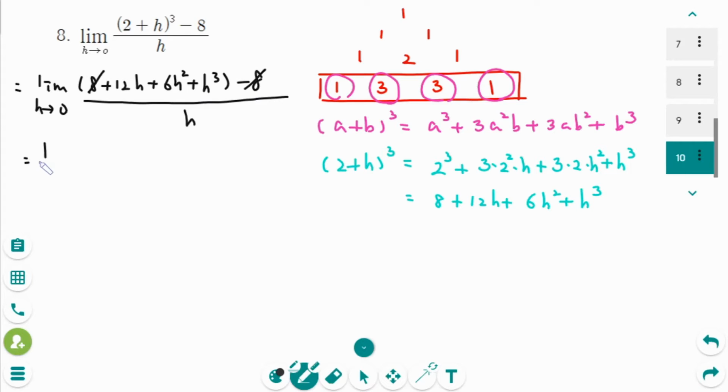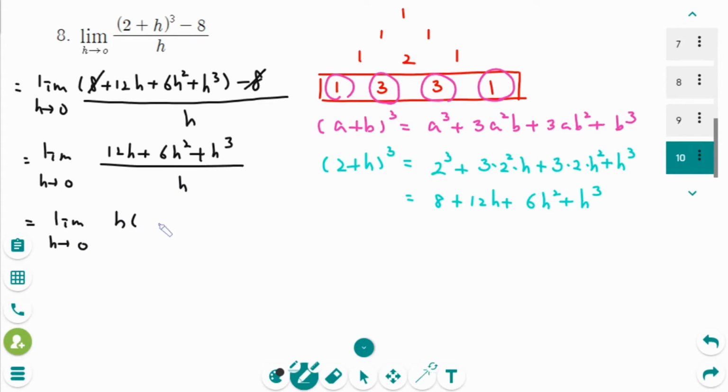Then simplify. 12h, 6h squared, h cubed over h. Then we can factor, take out h. So 12 plus 6h plus h squared over h, and cancel out the common factor h.